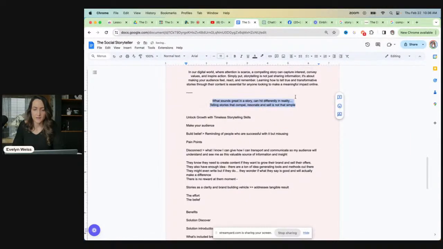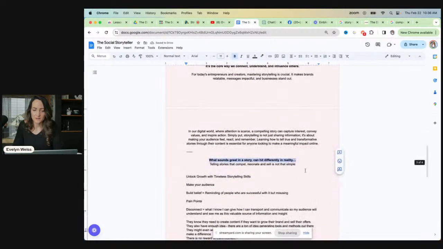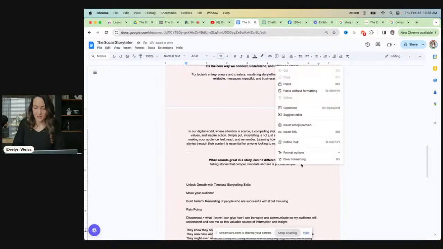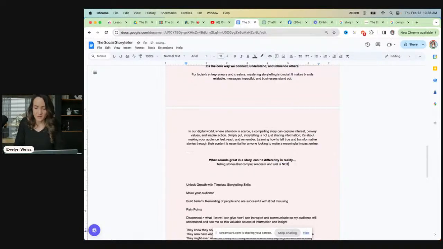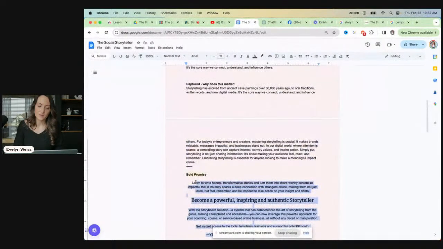Now again, you can see I like to have double headlines when I can. So it's like a headline or sub headline, and then telling stories is, and then I would say, not that simple. And so why is it not that simple? Now the more body I have on the sales page that I'm happy with, the easier the writing of the copy becomes.